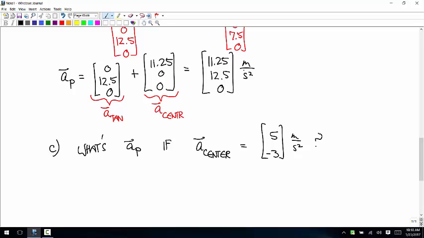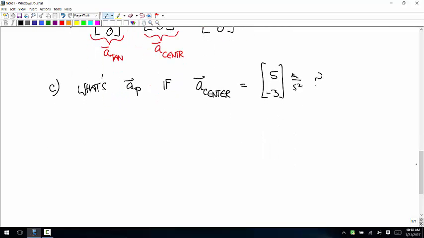This is the next topic we're going to talk about: relative motion. I mean, you talked about that, I'm sure, in passing in Physics 1, but you don't spend a lot of time thinking about it. But do you remember? So relative motion says the acceleration of P relative to the ground, that's what we want, is the acceleration of P relative to the center.